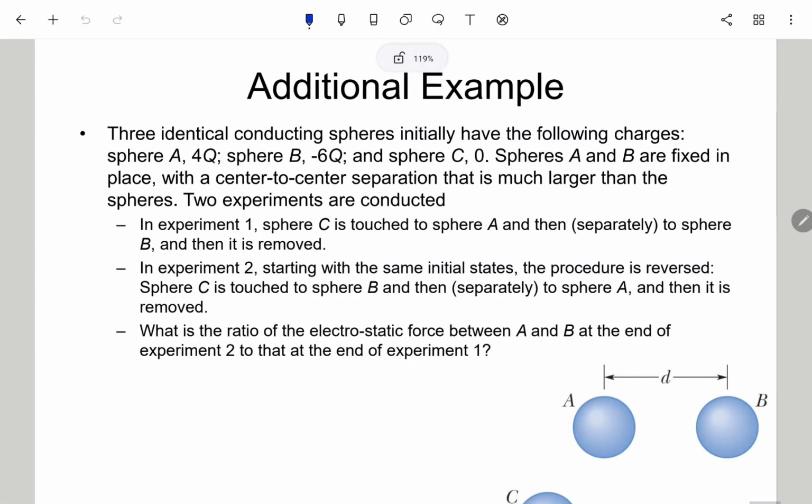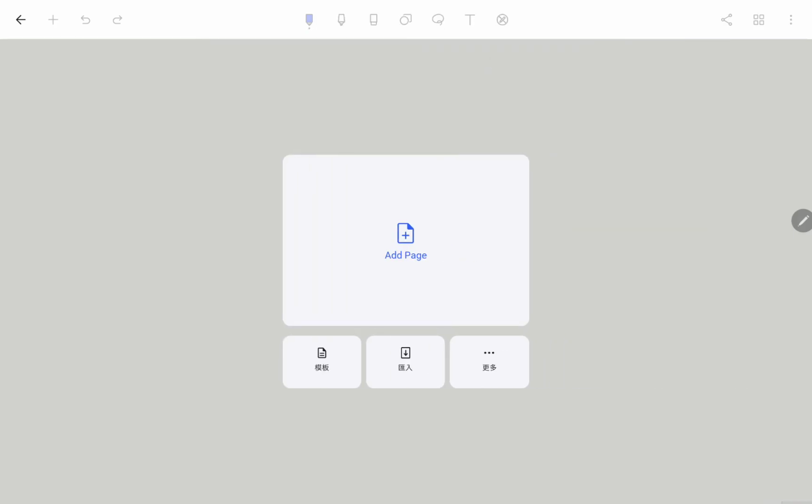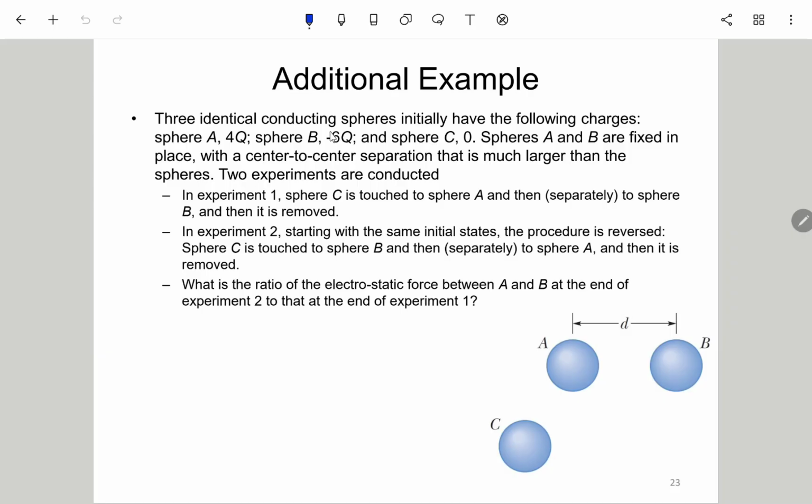Yeah, so before we end this chapter, we have an additional example here. It says three identical conducting spheres initially have the following charges.